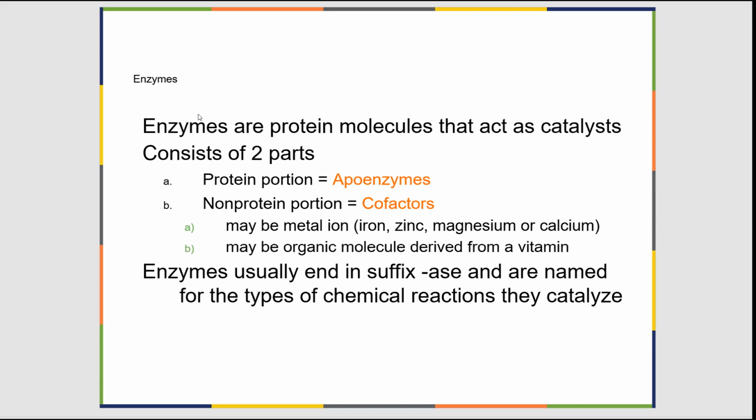Okay, so we've got two parts of the enzyme. Don't worry about this too much. I want you to know what they do, not what they are more. Okay, so they've got a protein portion and a non-protein portion. The protein portion is all those amino acids. Then it might be surrounded by something like iron, zinc, magnesium, calcium, and that's going to aid in that chemical reaction. Okay.